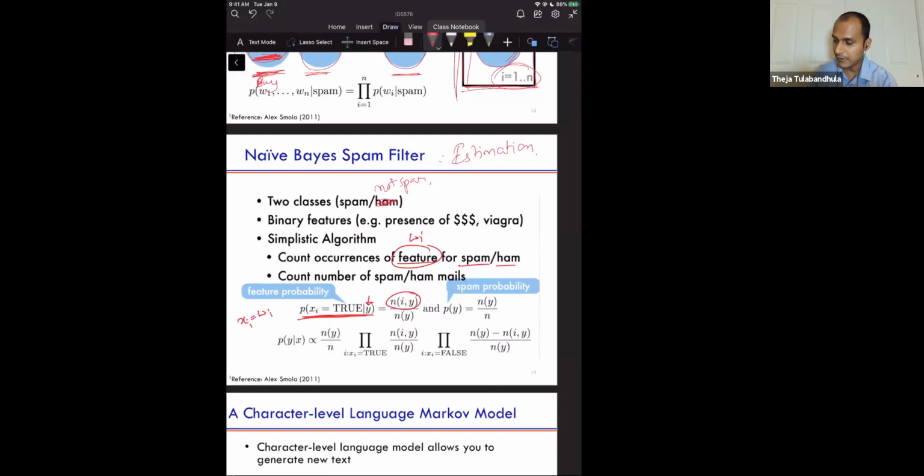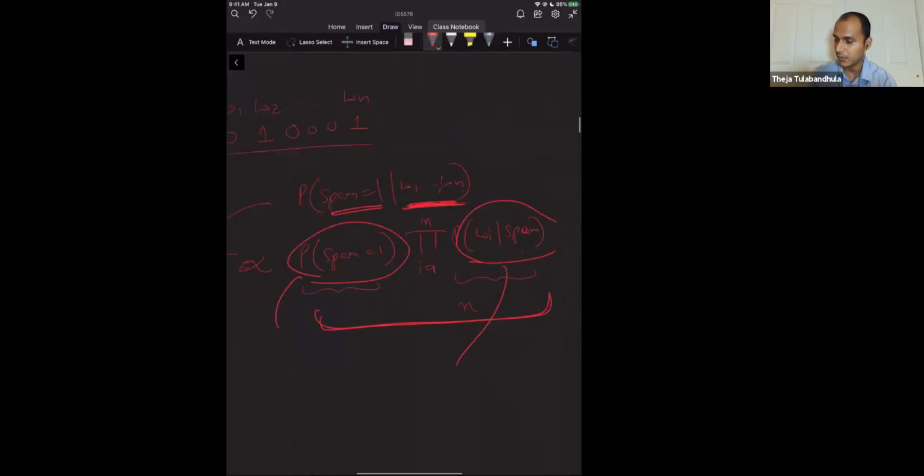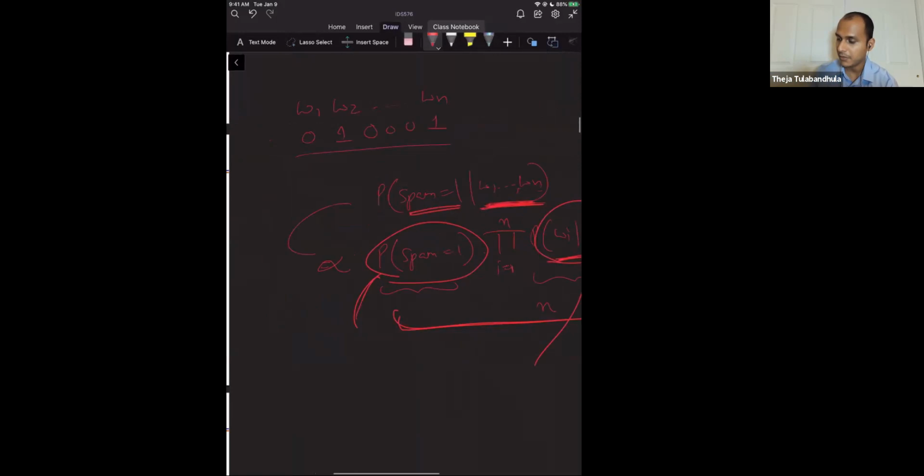Count the number of such rows, divide by the number of rows in which you actually had spam. So this is just counting and normalizing, and with that you will get the estimate for words given spam.